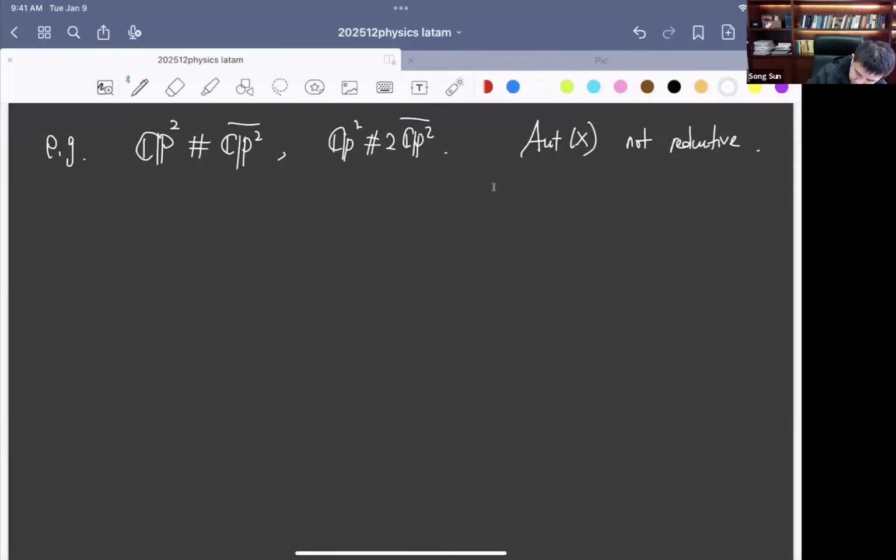You can compute it because the automorphism group of CP2 is simple. It's just PGL3C, all 3 by 3 matrices.